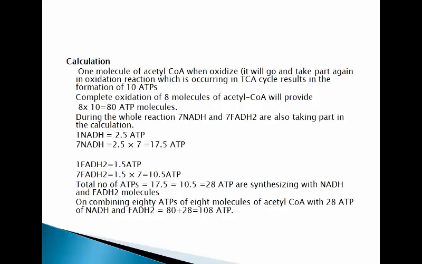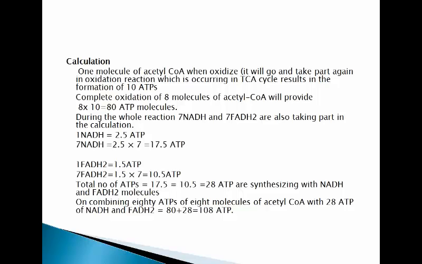Here we can calculate the total production of energy, or ATP molecules, or consumption of ATP or energy, and the net yield of energy or ATP molecules in the complete oxidation of 8 molecules of acetyl-CoA.